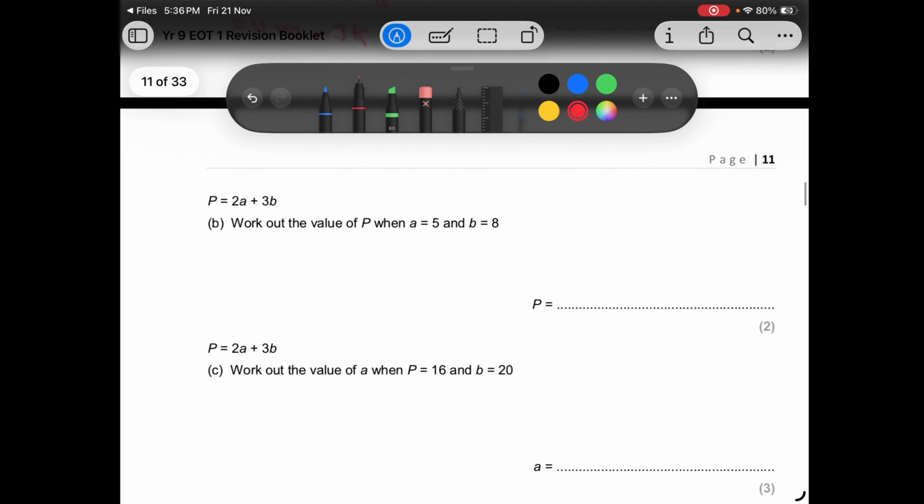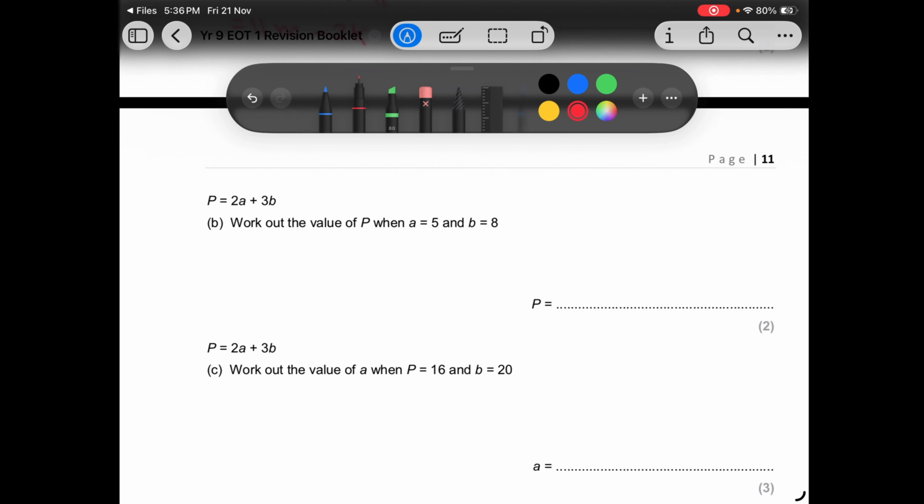Next I have p equals 3a plus 3b. Work out the value of p when a is 5 and b is 8. So this is a matter of calculation. Plug in, you can use your calculator.